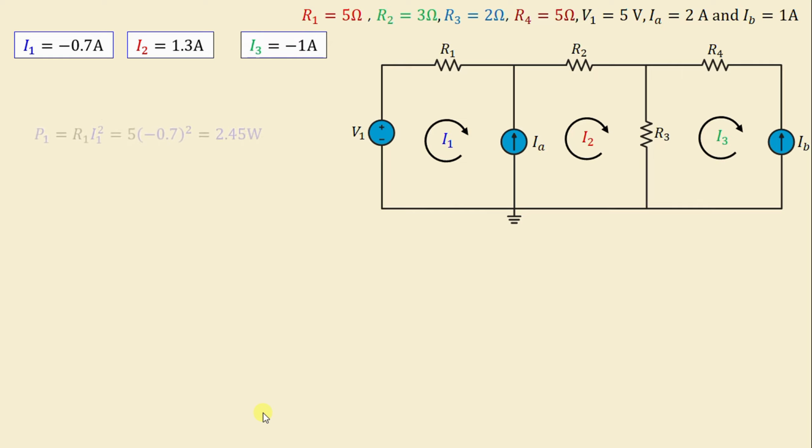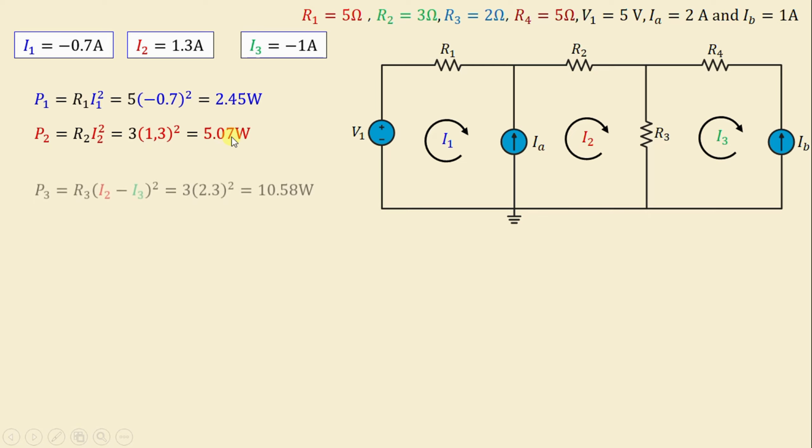Let's start first with the dissipated power in the resistor R1, which is equal to R1 I1 squared. R1 is 5 ohms and I1 is equal to negative 0.7 amps. Then we obtain 2.45 watts. The dissipated power in the resistor R2 is equal to R2 I2 squared. We get 3 multiplied by 1.3 squared, which gives 5.07 watts.